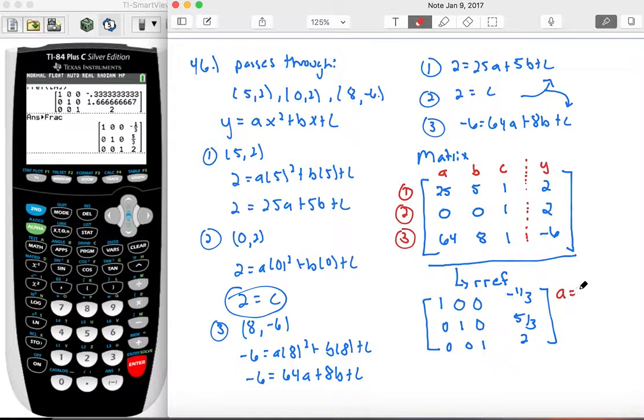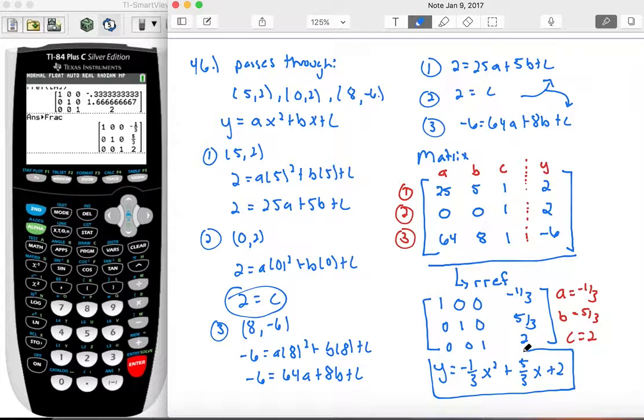We got A equals negative 1/3, we got B equals 5/3, and we have C equals 2. So we'll just write our final answer as y equals negative 1/3 x squared plus 5/3 x plus 2. And that's how you can use the calculator as the shortcut method.